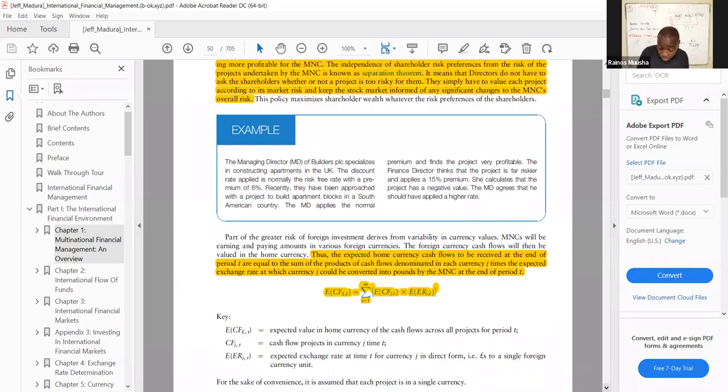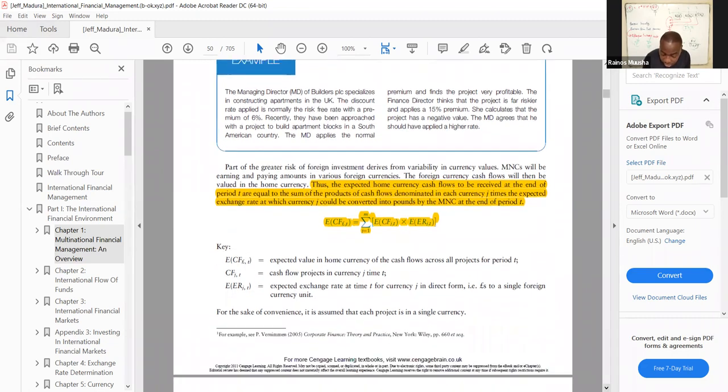The British pound as well. So in this case, the expected cash flow equivalent in pounds would be given as the expected cash flow in the foreign currency multiplied by the exchange rate. So this will give you the equivalent pound cash flow.